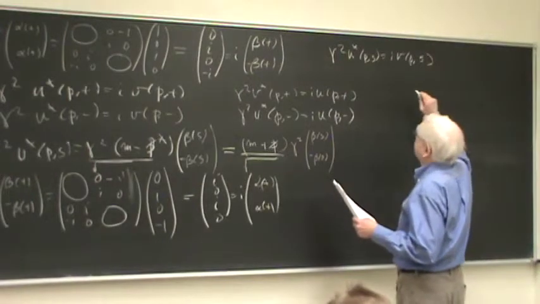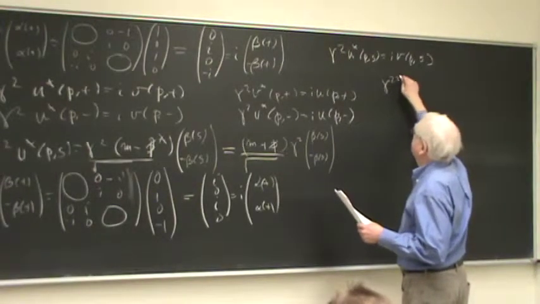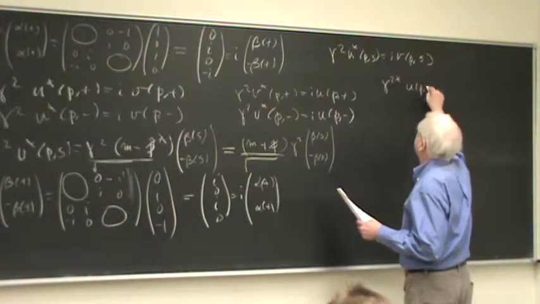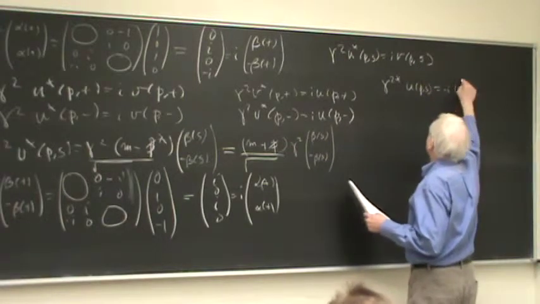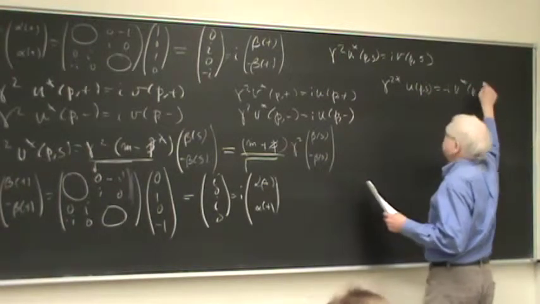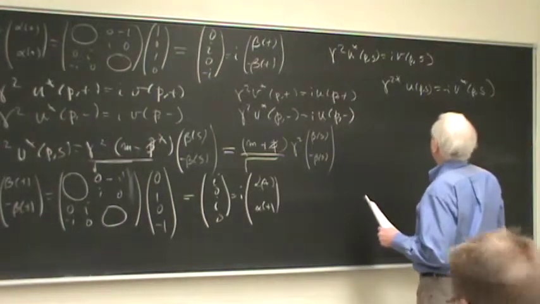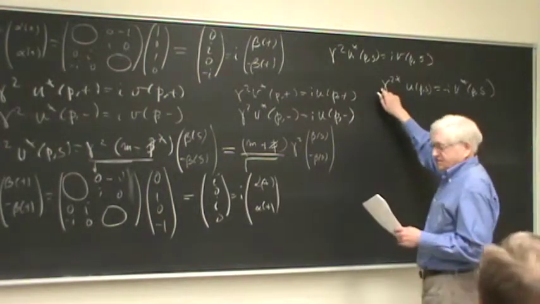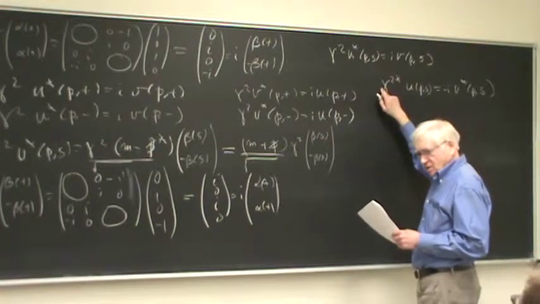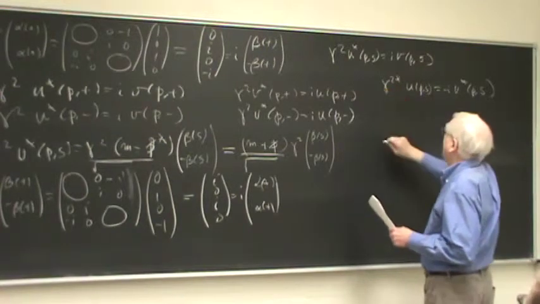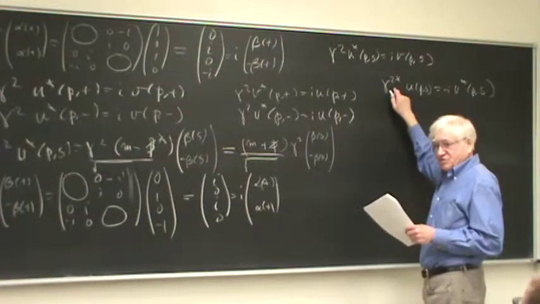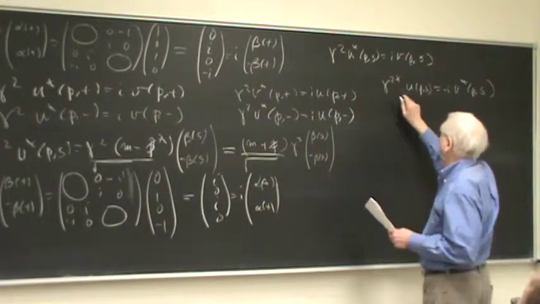Okay, well, complex conjugating the whole thing, we get gamma 2 star U of P and S is minus I V star of P and S. All right? And now, if we multiply from the left by gamma 2, what we have is minus gamma 2 squared, and that's plus 1.